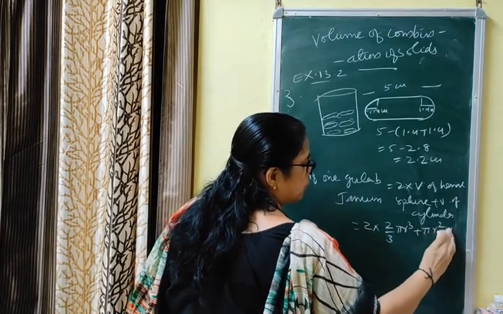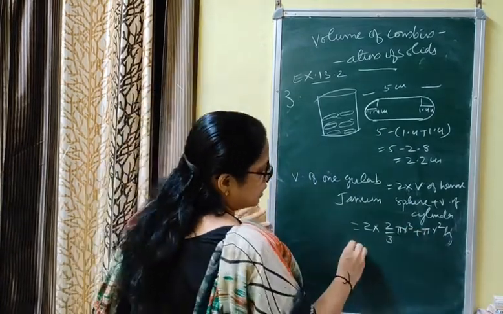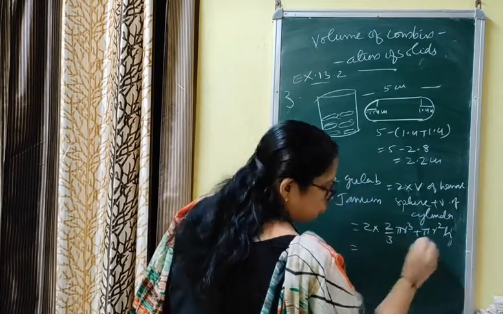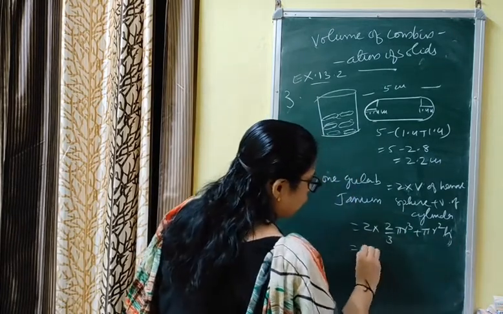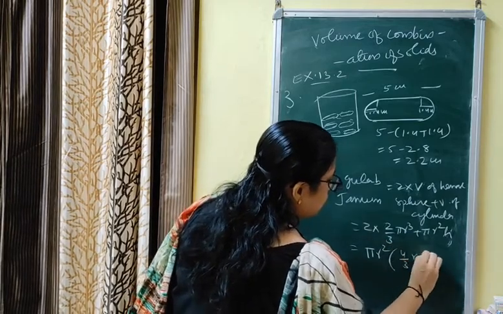Again one h is there, so no need of taking anything else. From these two you can take pi r square common. If you take pi r square common, you will get 4 by 3 r plus h.